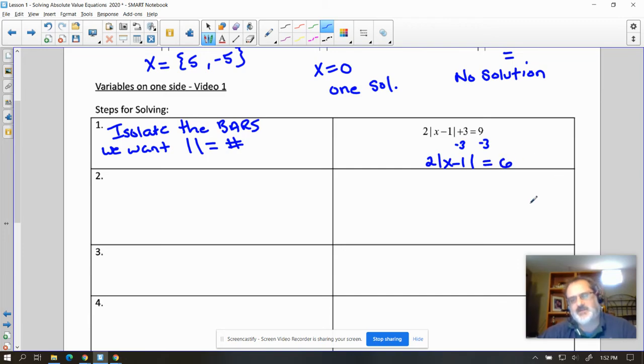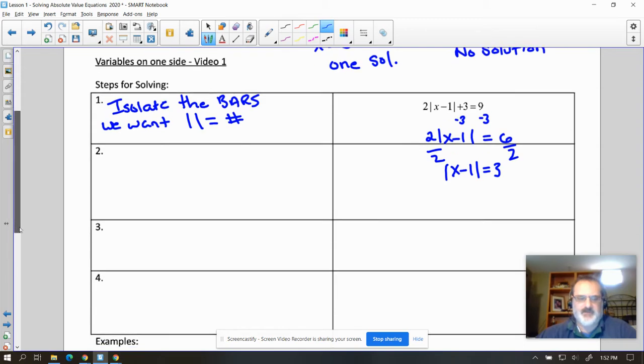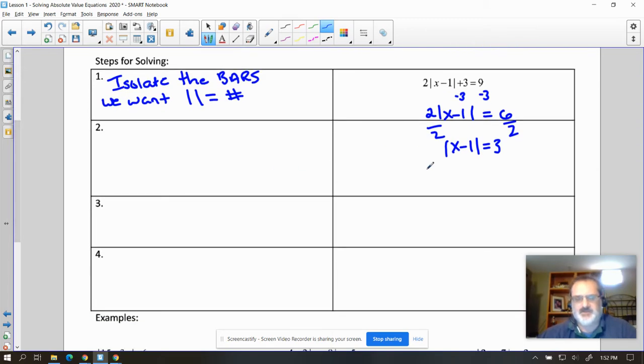Then how do we get rid of the 2? Well, we're going to divide both sides by 2, and x minus 1, still in absolute value, equals 3. So we've succeeded in isolating the bars, and the equation we're left with is the absolute value of x minus 1 equals 3.